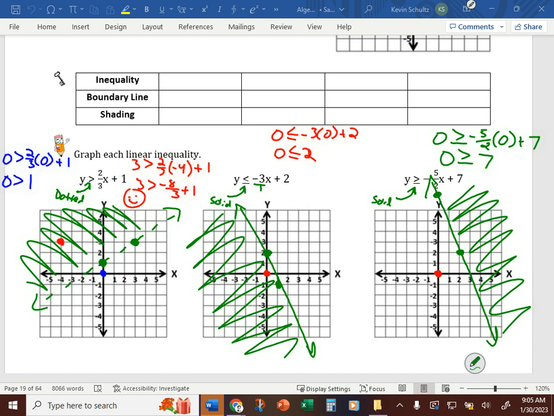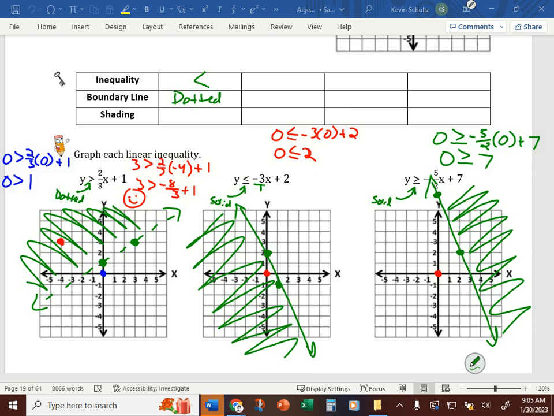Okay? Let's go back to this table here. This table can be viewed as a key point, so it can be put on a help sheet. Okay? If your inequality is a less than symbol, the boundary line, which is the line that the ordered pairs make, is going to be dotted.